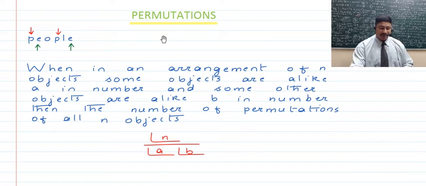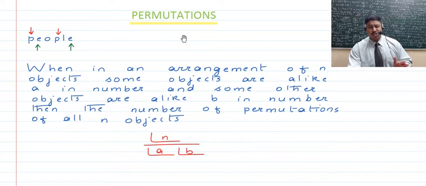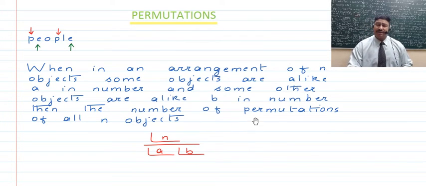Whenever the total number of objects is n, and there are A objects which are alike and B objects which are alike, the number of arrangements possible with all of the objects is factorial n divided by factorial A times factorial B. So for as many objects that are of the same type, we take their factorials and divide in the denominator.